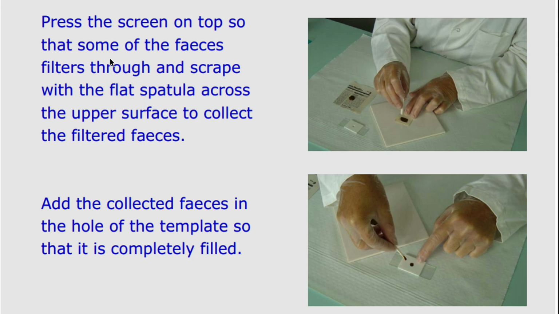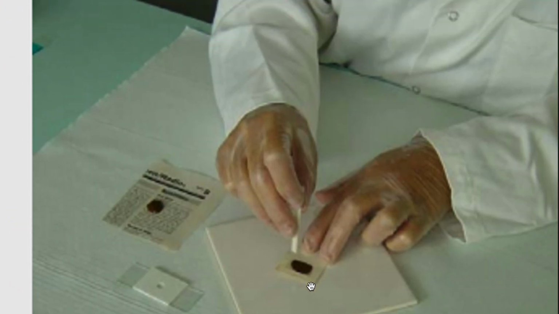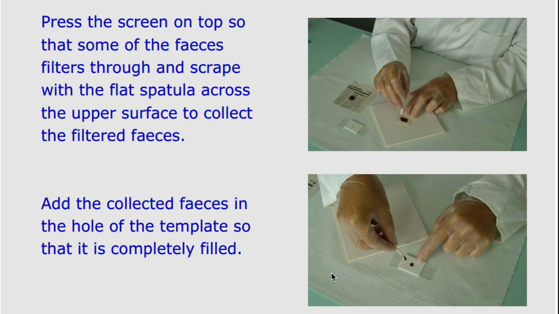So press the screen on top so that some of the feces filters through, then scrape with a flat spatula across the upper surface to collect the filtered feces. So this is the filter, and then you press the screen on the feces and you scrape the upper portion.